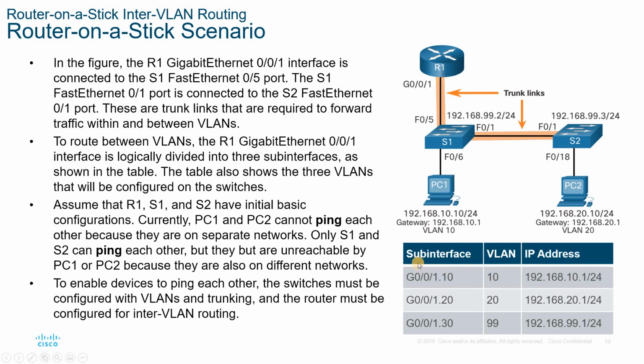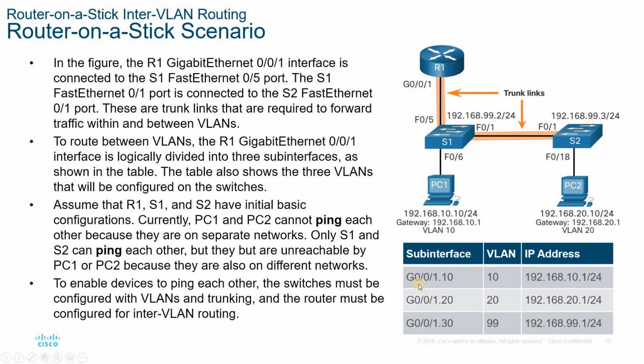So instead, we're gonna use what we call sub-interface. You can create as many sub-interfaces as you want that match the number of VLANs that you want to support on that particular router.